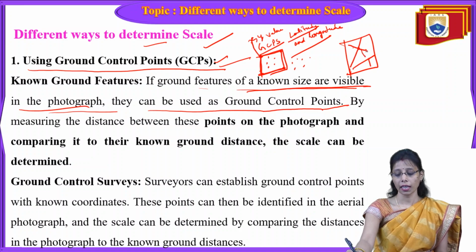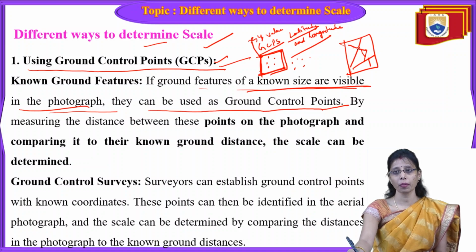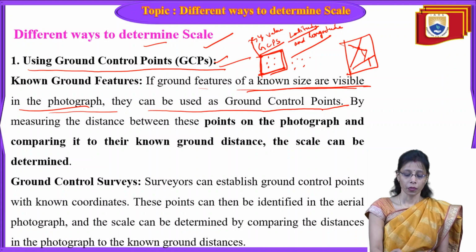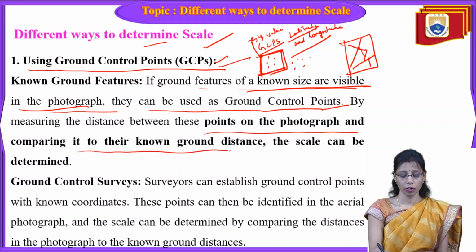You can go to that location, record the latitude and longitude of that point, and assign the GCP to the photo. Then between these points on the photograph, comparing to their known ground distance, the scale can be determined.